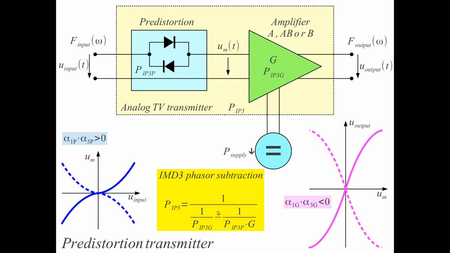We see that with this arrangement of terms, we can get to very large IIP3, especially if the difference between these two terms is arbitrarily small.